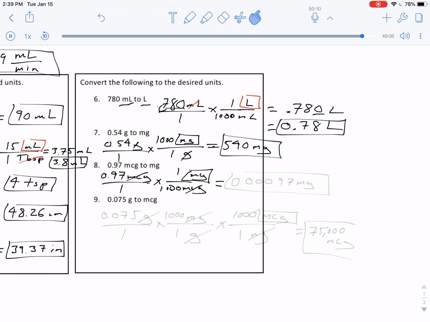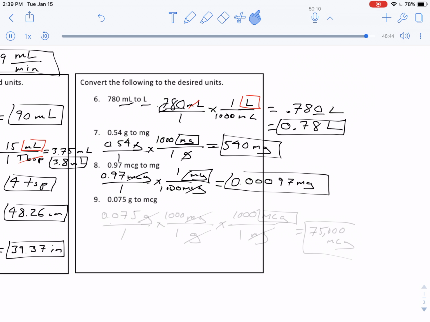So again, I'm dividing by 1,000, which moves the decimal 3 times to the left, giving me 1, 2, 3 extra zeros in front of the 97. That writing is horrible. Let me try and rewrite that. Something was going on with my pen. 0.000097 milligrams. Okay, there we go.